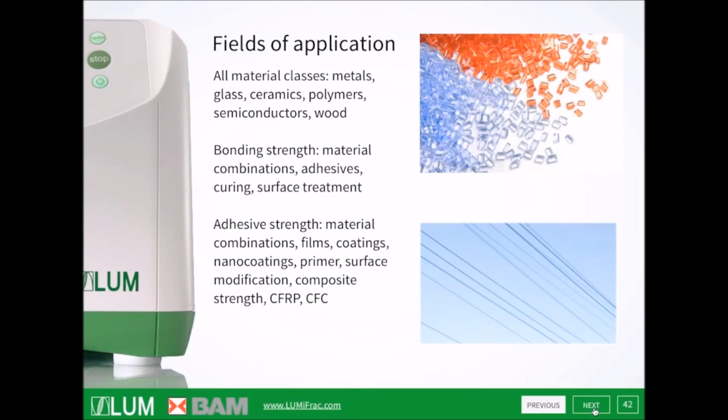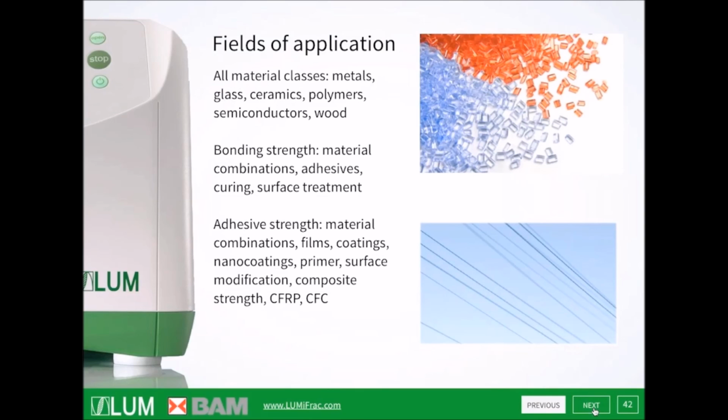So this was a quick summary of what we are doing, and the next is just a look at the fields of application. We showed you when we started that coating and bonding is more or less everywhere in the production process, from aerospace to ceramics. And this is what we can do with the adhesion analyzer. In principle, we can measure all very different material classes, starting from metals to glass, ceramics, polymers, semiconductors, wood, and so on.